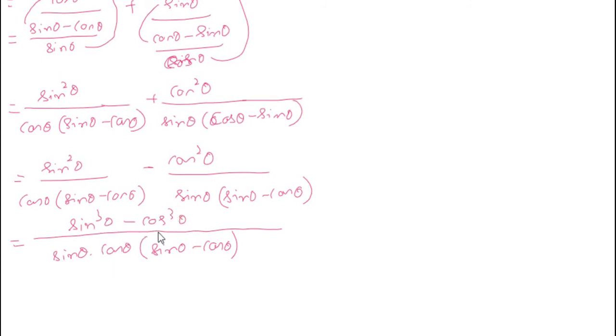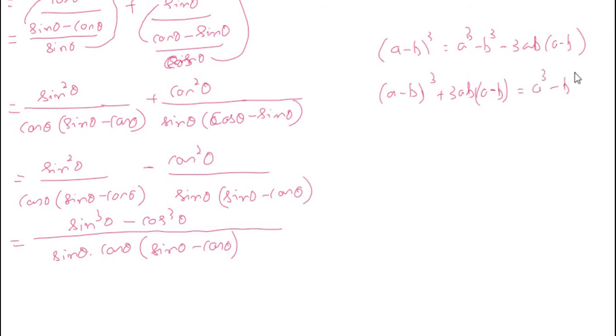Now this is in the a cube minus b cube format. We know a minus b whole cube equals a cube minus b cube minus 3ab into a minus b. Now taking this to the left side, a minus b whole cube plus 3ab into a minus b is equal to a cube minus b cube.